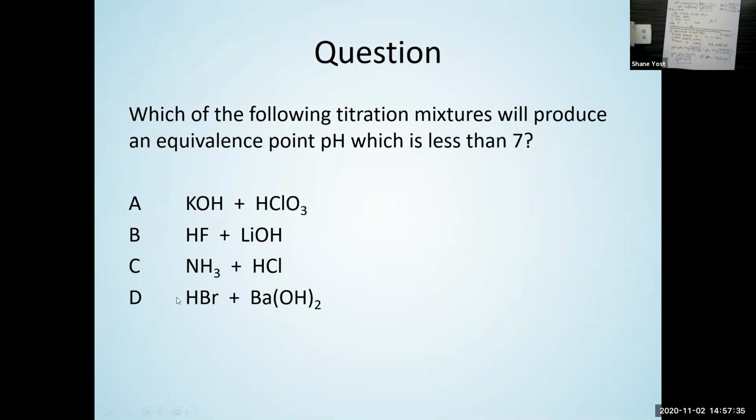So C is the only one that's going to have a pH less than 7. A here, you have a strong base with a strong acid, so that's a pH of 7 at equivalence point. Here you have a weak acid with a strong base. That's going to have a pH greater than 7 at equivalence point. Here you have a weak base with a strong acid. pH is going to be less than 7 at equivalence point. And then for D, you have a strong acid with a strong base again, so pH equal to 7 at equivalence point. So C here is the only one with the pH less than 7 at equivalence point.